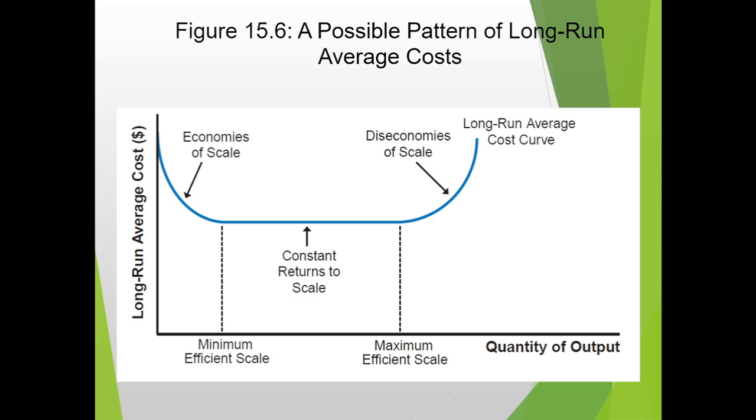In the short term, to increase the production, the company can increase only the variable input but cannot increase the fixed input. But in the long run, the company can increase the variable input, also the fixed input. Let me explain it by an example.